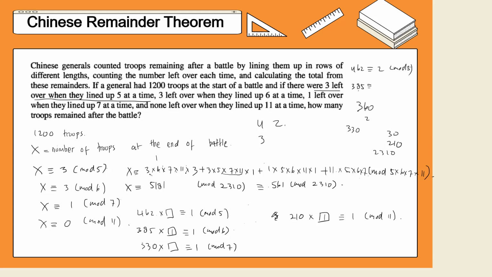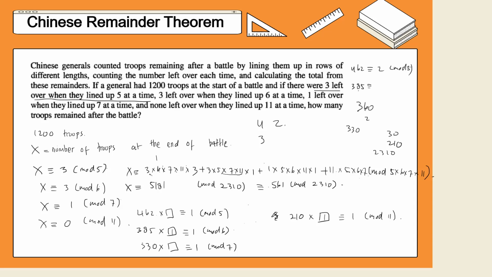So that way, you try to separate it into 4 sections, where each of them will give you the remainder of each case. Okay, so the first section will make sure that you get remainder 3 modulo 5. That way, you write 3 as the remainder and then multiply with the rest of the moduli to make sure that when it's modulo 6 or modulo 7 or modulo 11, it's 0, because you multiply it with 6, 7, and 11.